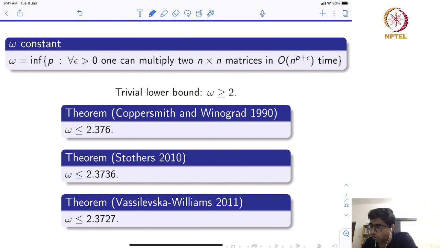Then Stothers obtained a slightly improved bound, and in 2012 Williams got 2.3727. This is even smaller currently; this is not current. So, this number is slightly better than what you see in the slides, but the moral of the story is that you can do matrix multiplication much better, much closer to 2 than n cube. Okay. And now we will exploit this algorithmic development about matrix multiplication to design an algorithm.